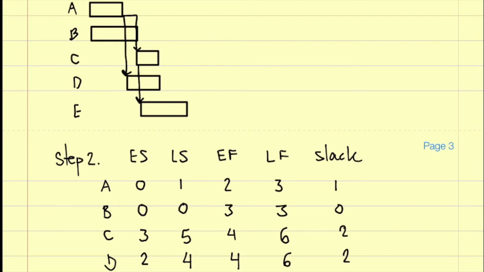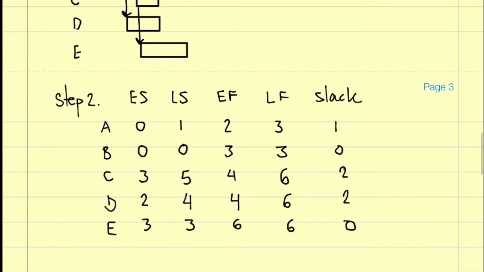Why? So if we delay E, what happens? Good. What is the early finish? 6. The late finish? What is the slack? 0. Good. So what is the critical path?